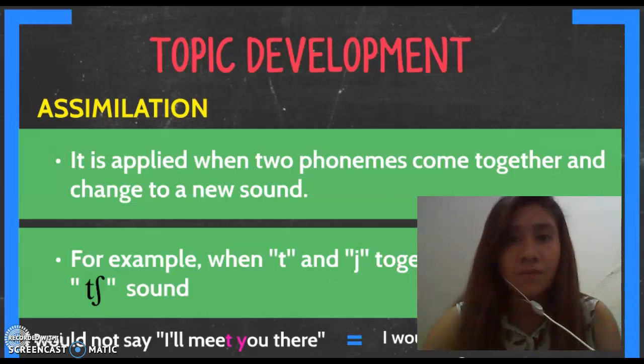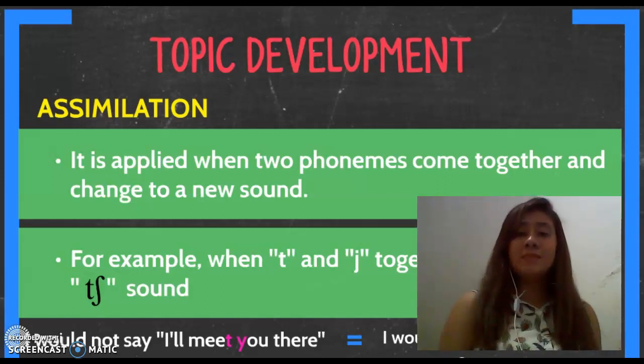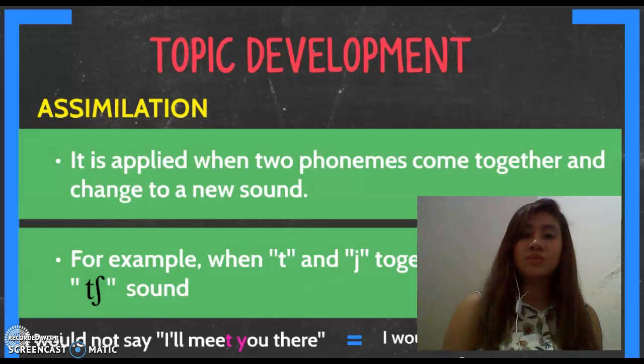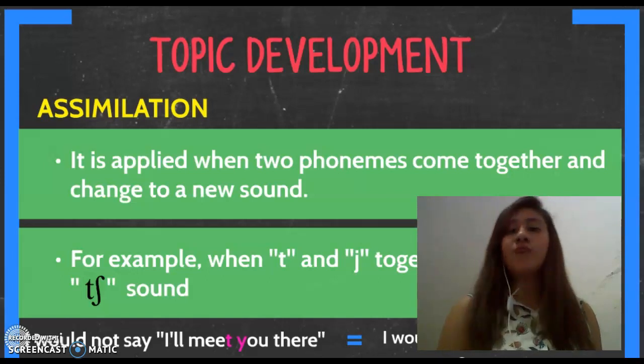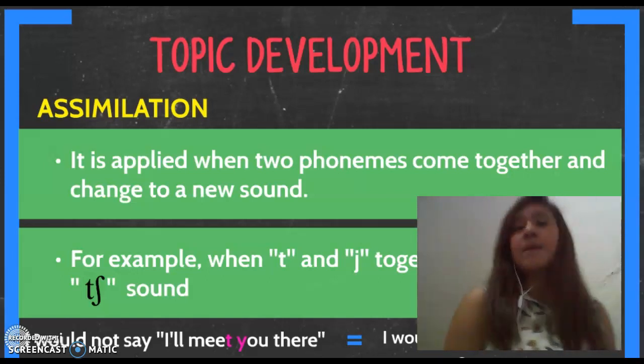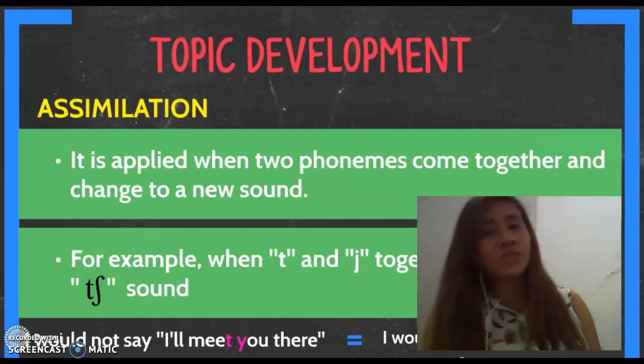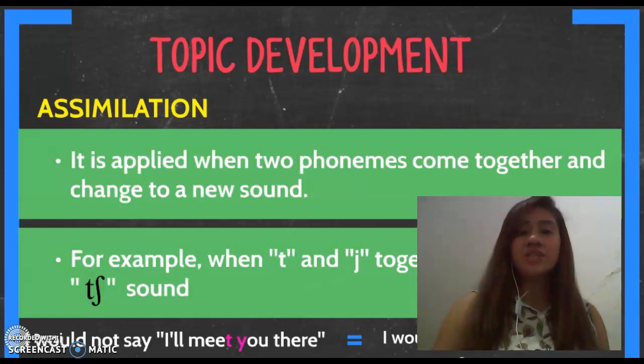Green Park. Assimilation means that a sound changes to be more like the following sound, a variation of a sound, and this makes articulation easier.